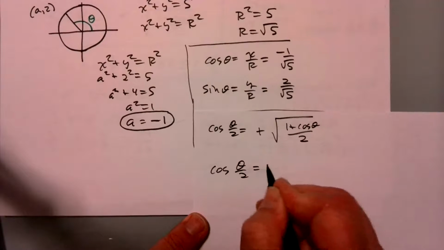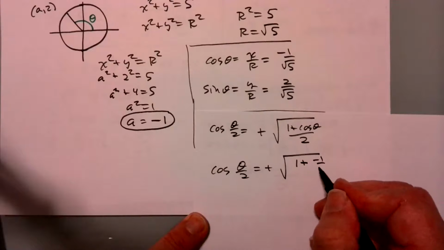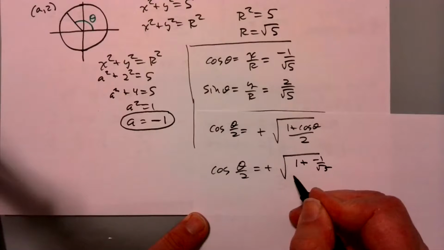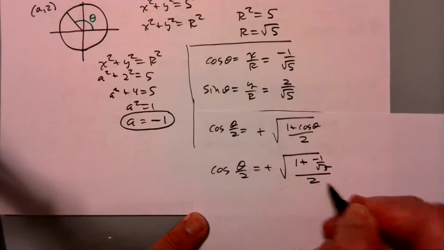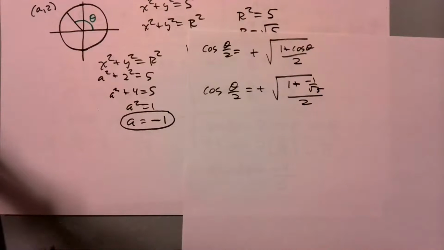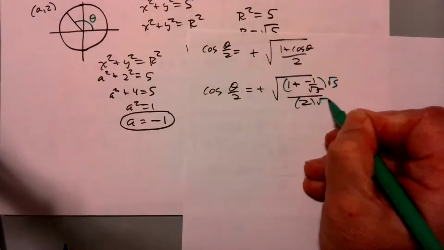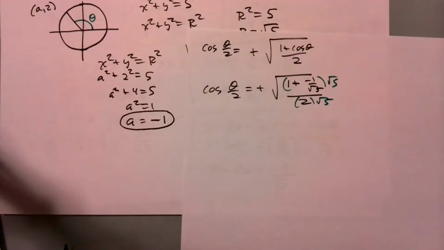Cos theta over 2 is plus the square root of 1 plus, what is cos theta? -1 over root 5, all divided by 2. That's kind of a mess. Let's multiply top and bottom by root 5. Multiply the top by root 5, multiply the bottom by root 5, in the radical.